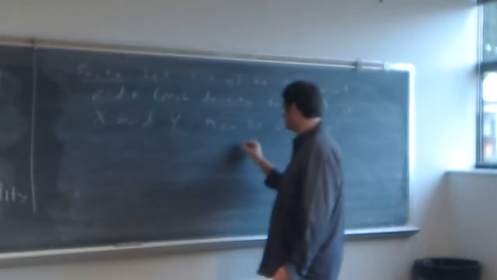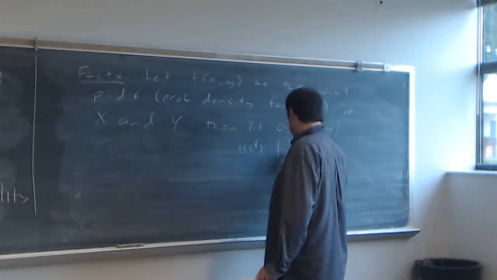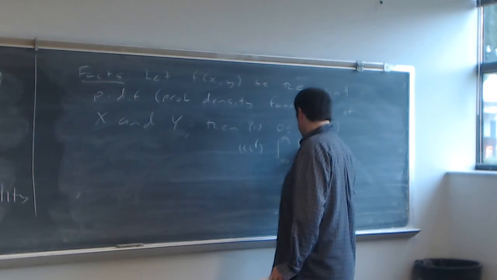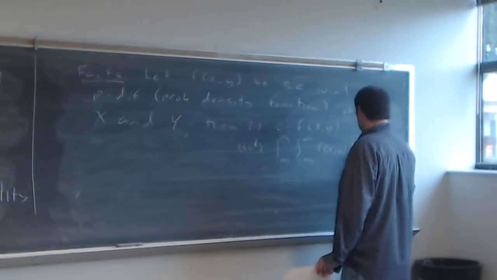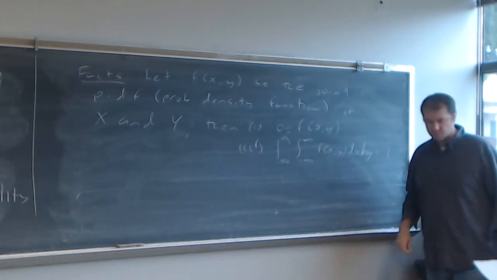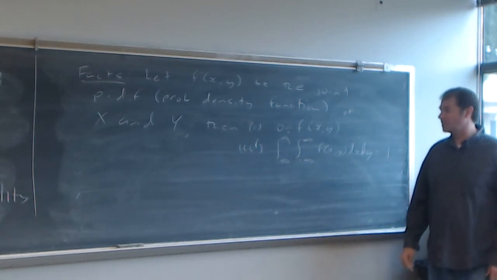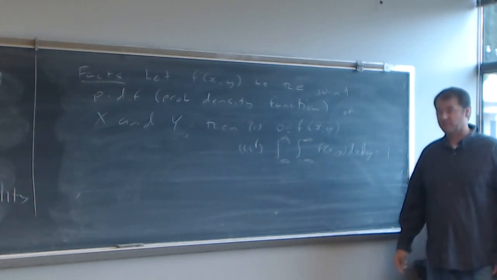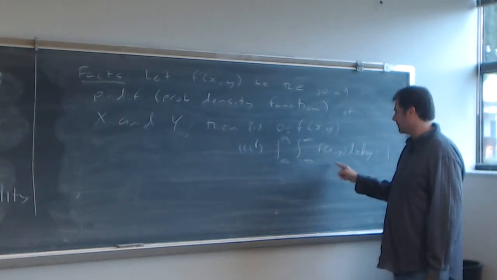And two is that if you do the double integral from minus infinity to infinity of f of x comma y dx dy, what you end up getting is 1. Okay. So we're going to be involving this double integral. We think of it as an iterated integral.